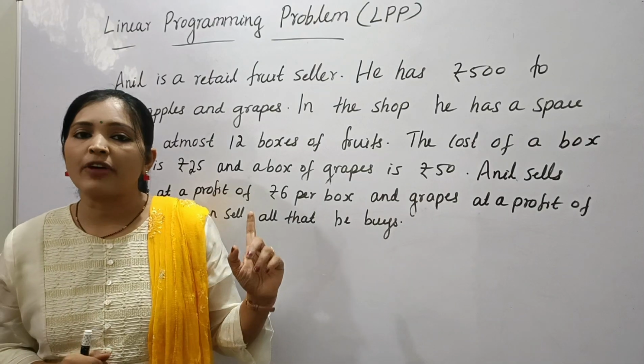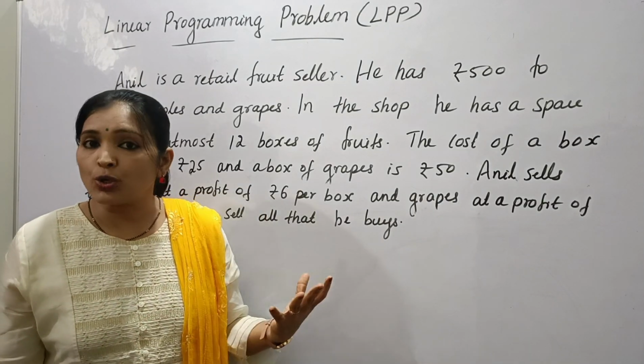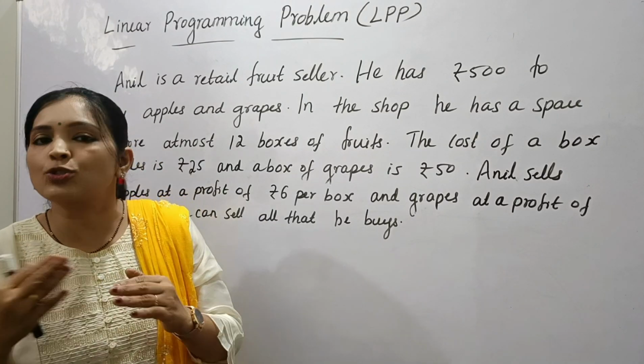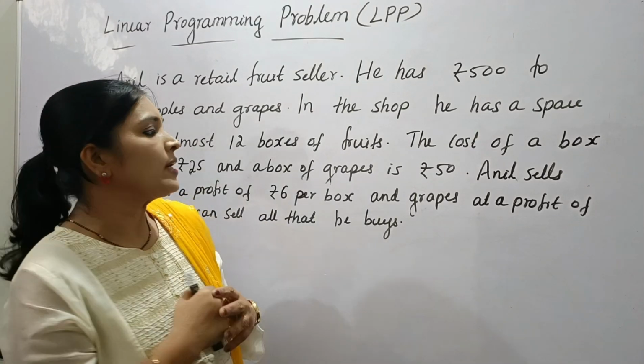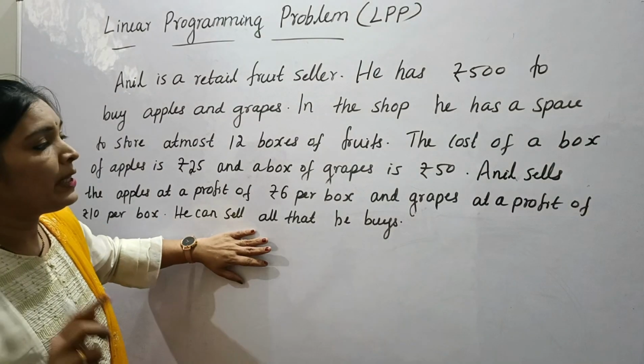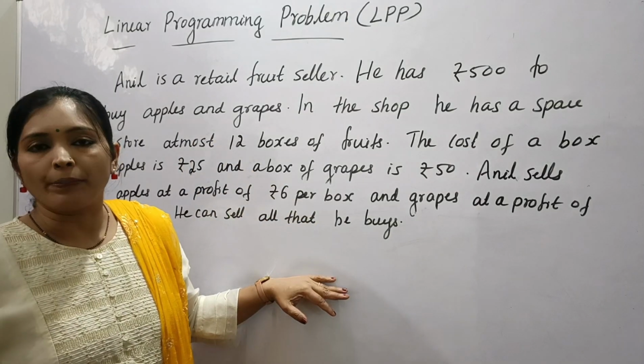Here we will find the number of boxes of apples and grapes that he should buy and sell to get maximum profit. For our convenience, first of all we have to transform this problem into mathematical form.